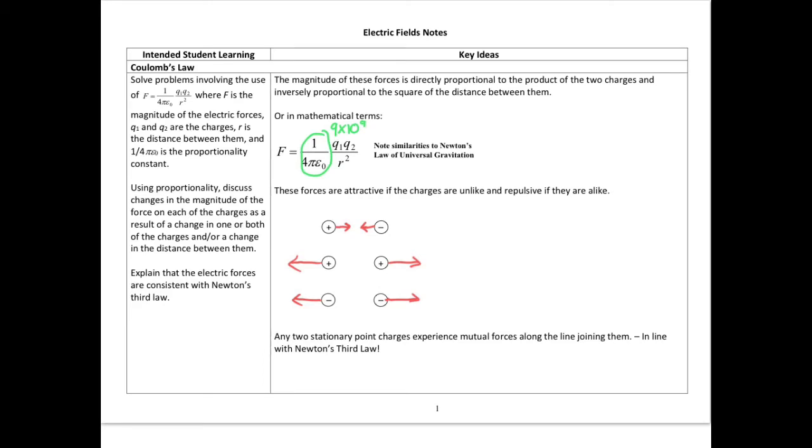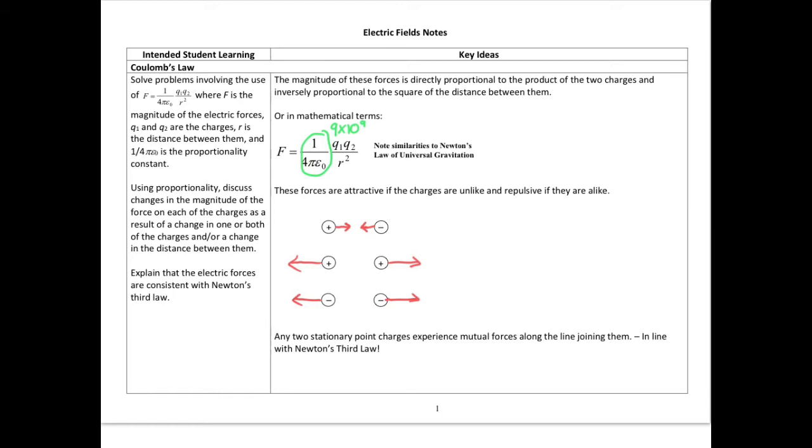And then we use the product of the two charges divided by the distance, which we define as r squared, between them. So, in words, the magnitude of the force is directly proportional to the product of the two charges, and inversely proportional to the square of the distance between them. Inversely, on the bottom, proportional to the square of the distance between them.